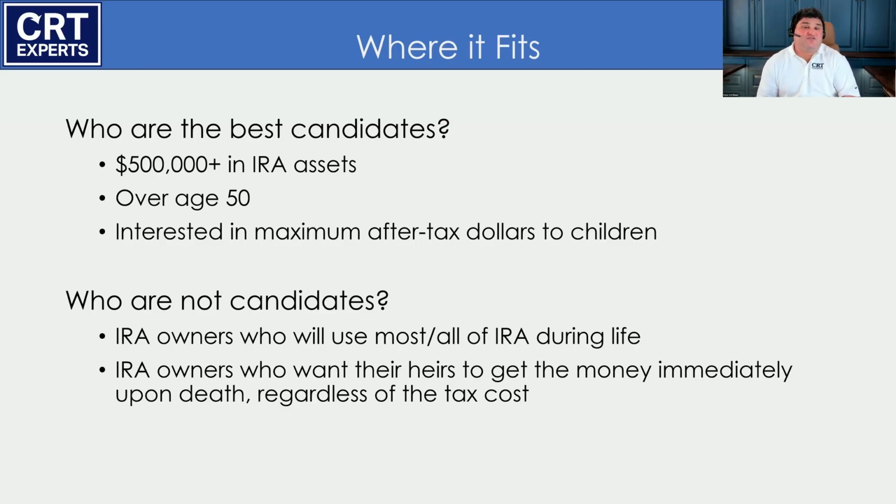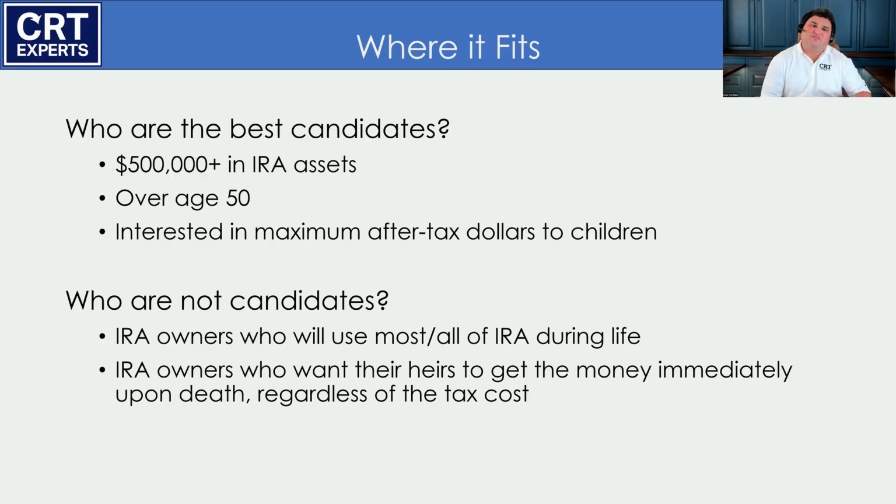In most situations that we see, it's several million or tens of millions that are going into this planning. That doesn't mean you cannot do a CRT with $100,000. It's just given the requirement for administration, the requirement for that distribution, putting that amount into a CRT will often end in a scenario in which the administrative costs just become really prohibitive with maintaining that CRT.